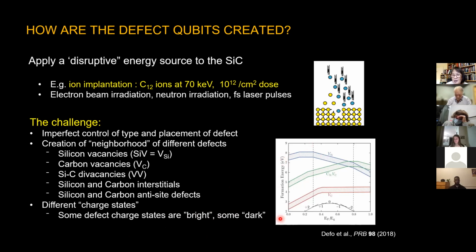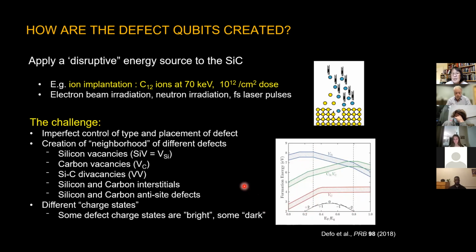This diagram down here just tells you that as I change EF over EG, which means something about the doping of the semiconductor, where EF is the Fermi energy compared to the band gap, there is a whole host of different defects depending on what the material begins like. They have different energies of formation, so some are more likely to form than others, depending on the nature of the beginning material.